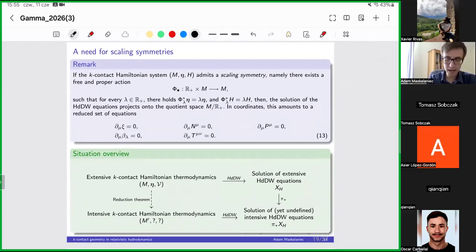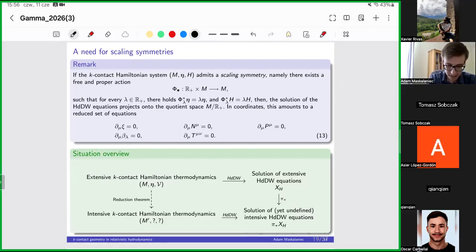And this scaling symmetry, physically speaking, would allow us to pass again from these extensive variables to the intensive variables that really have a significant physical meaning for our relativistic hydrodynamics. Because, as I told you before, the introduction of the volume field is some kind of mathematical trick that allows us to fit our equations in the k-contact formalism.